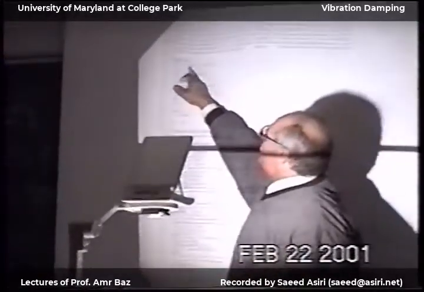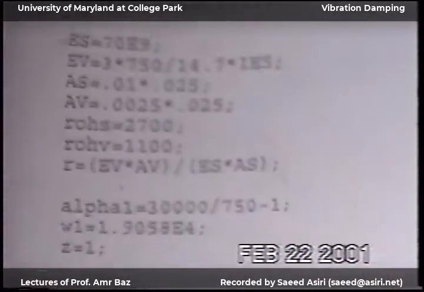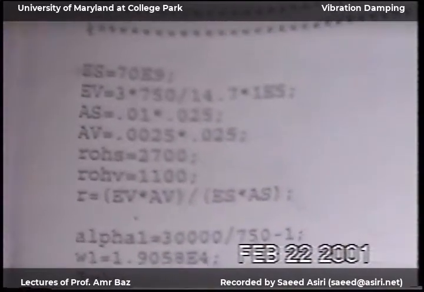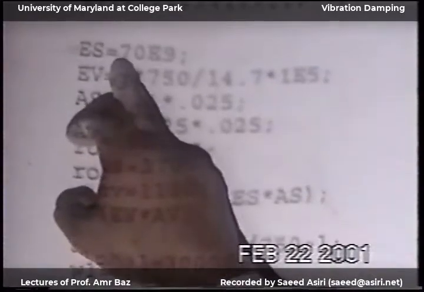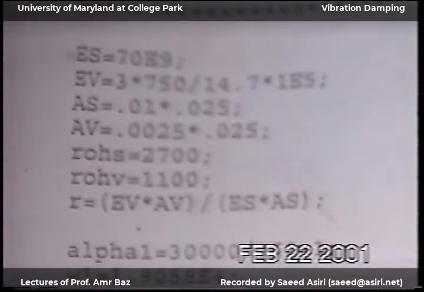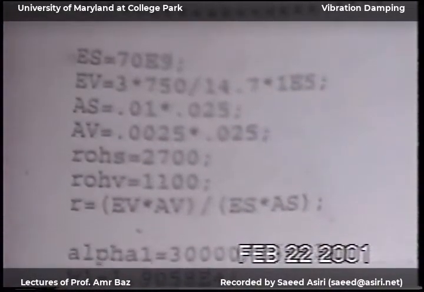The pounds per square inch, you divide by 14.7 and then multiply by 1e5, or approximately you multiply by 7,000. Okay? So now we have the Young's modulus of the base structure and of the viscoelastic material. This number, EV, is not EV total. It is EV0.